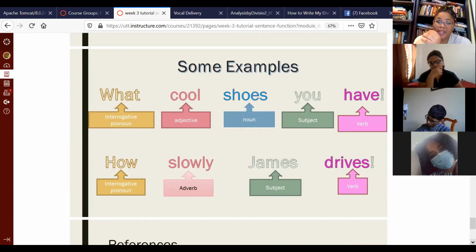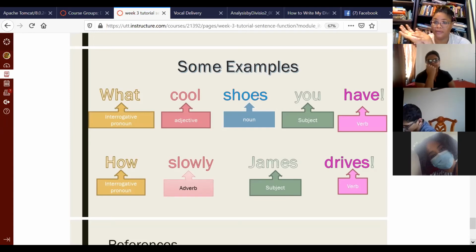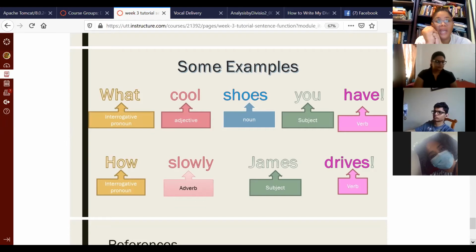As an exclamation, we would say, what cool shoes you have! The other example, interrogative pronoun, how. Adverb, slowly. James, subject. Verb, drives. How slowly James drives, right? And this is meant to express exasperation. If it was a declarative sentence, we would say James drives slowly.